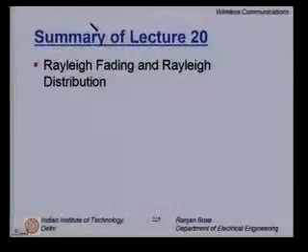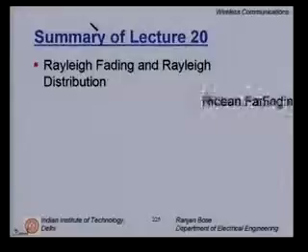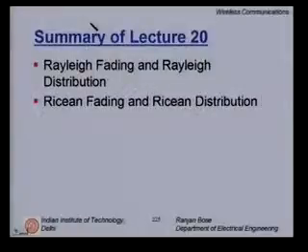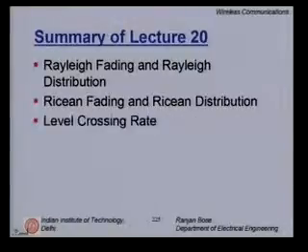Fine. So, let us now summarize what we have learnt today. We started off with Rayleigh fading and Rician fading. We looked at not only the fading, but the distribution. We looked at the PDFs. Then we looked at one derivative of the Rayleigh fading distribution, which is the Rayleigh level crossing rate.